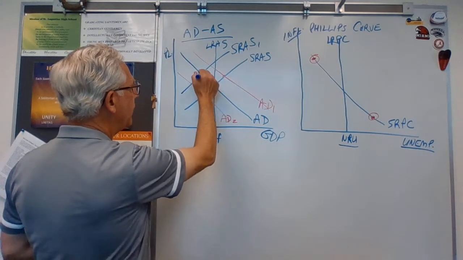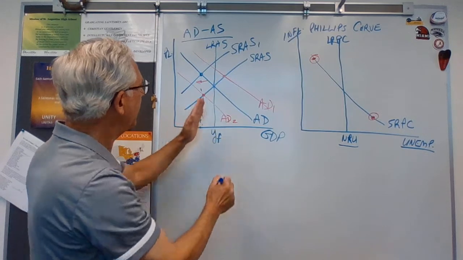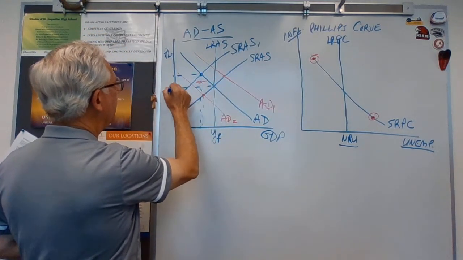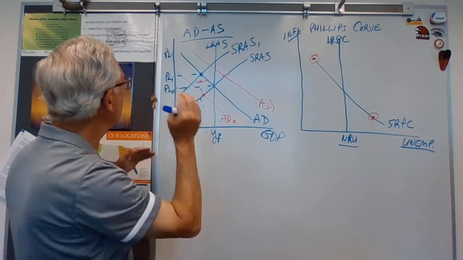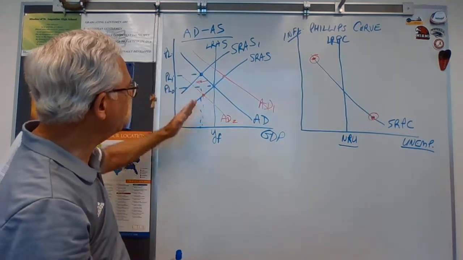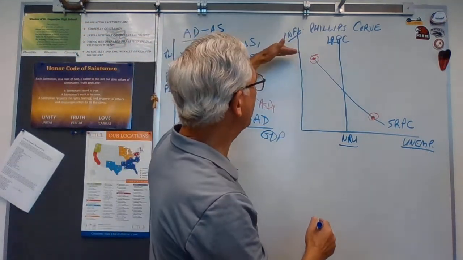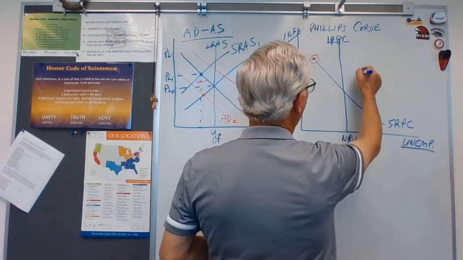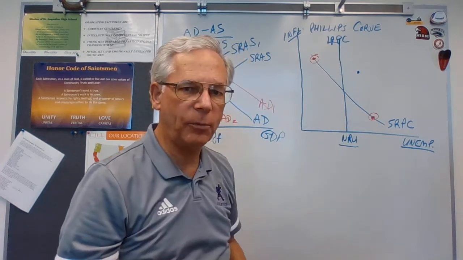That's going to cause inflation and unemployment. Okay, we're going to get both. Higher price levels, we're going to go from PL0 to PL1. We're going to get inflation, but we're also going to get unemployment. So if we get a high level of inflation and a high level of unemployment, we're going to wind up at a point out here somewhere, and that's not on the short run Phillips curve.